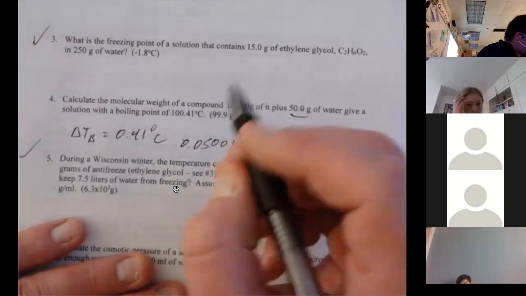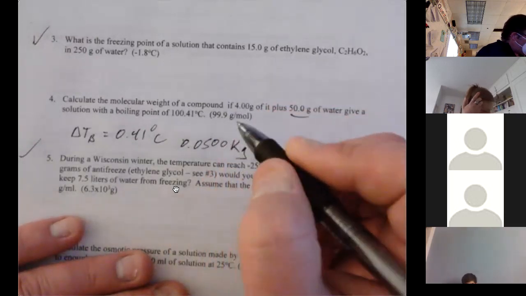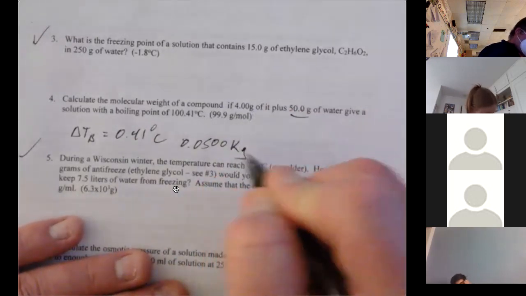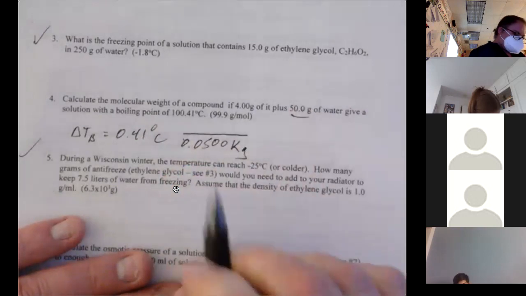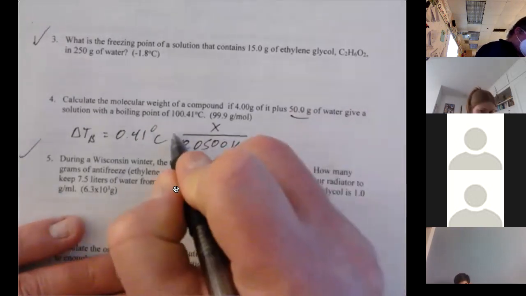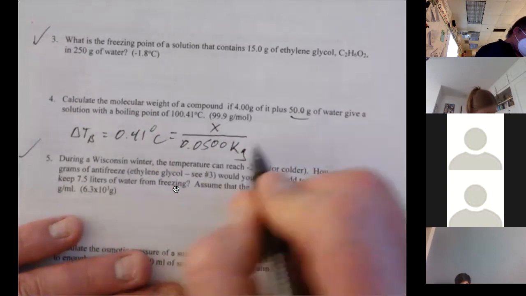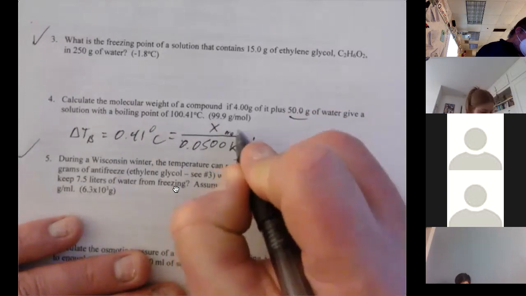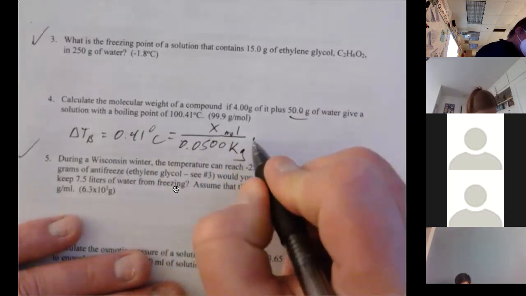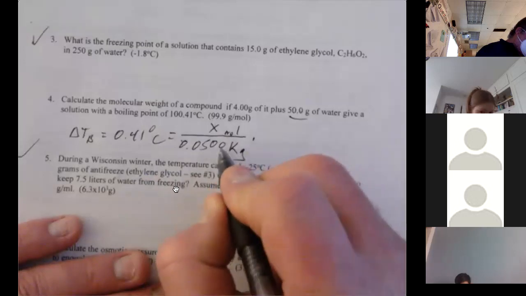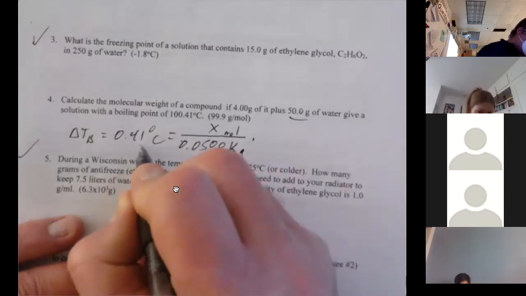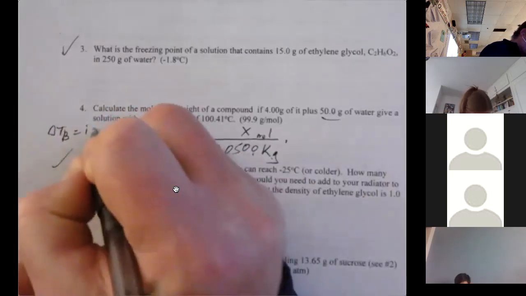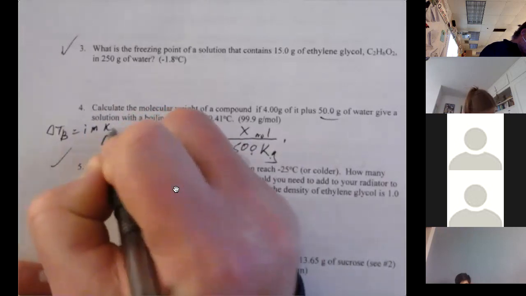And we have 4 grams of this stuff. So we have here X equals this times, and this will be the moles, divided by the kilograms, and this is the delta T. Let me put out the formula over here: delta T equals i m KB.